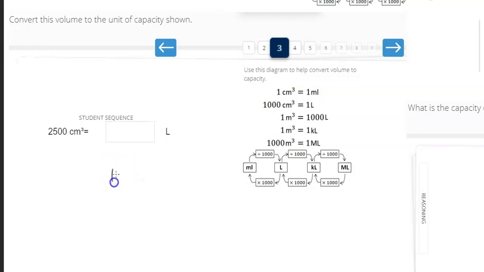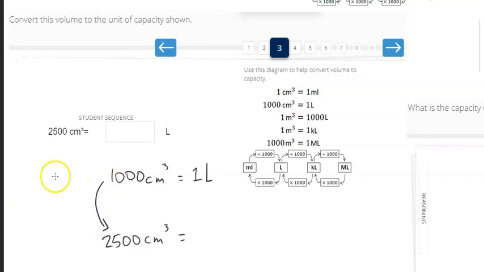There's more than one approach to this. So if we know that 1,000 cubic centimeters will give me 1 liter, we need to figure out what 2,500 cubic centimeters will give.